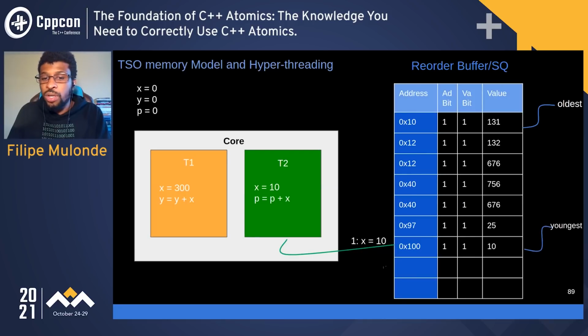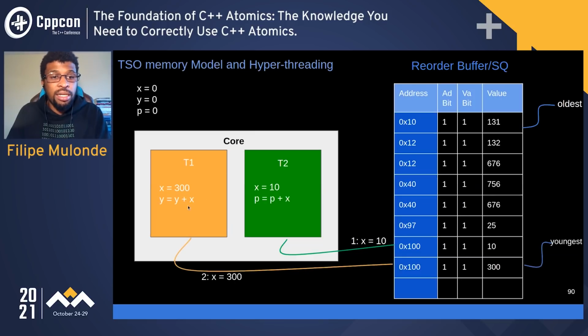So the second thread writes to x and allocates an entry in the reorder buffer, and this entry becomes the youngest. After that, the first thread also updates the variable x in the reorder buffer, allocates another entry, and now becomes the youngest in the reorder buffer.